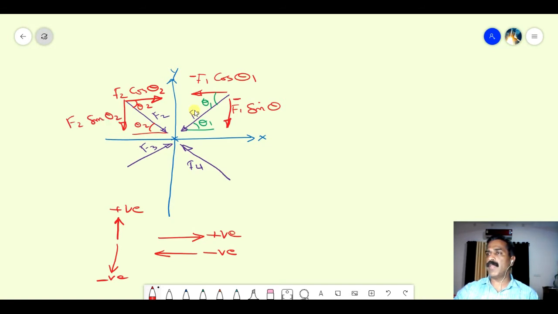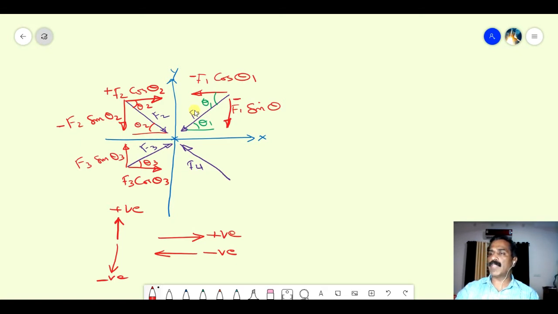What about the sign of this one? It is plus. Why? It is towards right. F2 cos theta 2 is towards right, and F2 sin theta 2 is negative because it is in the downward direction. Here is the sign convention. And for F3, the components are F3 cos theta 3, because this is theta 3, and this is the vertical component F3 sin theta 3.